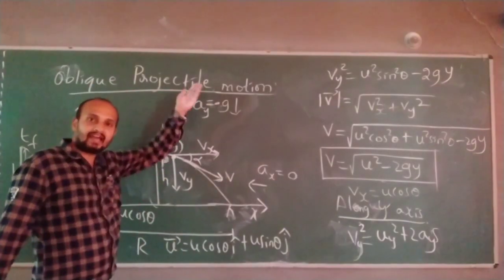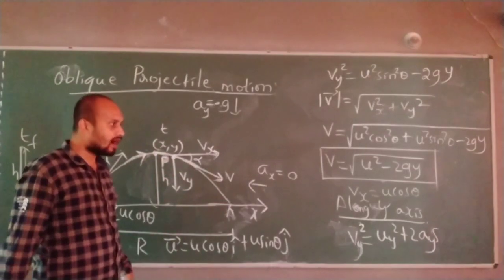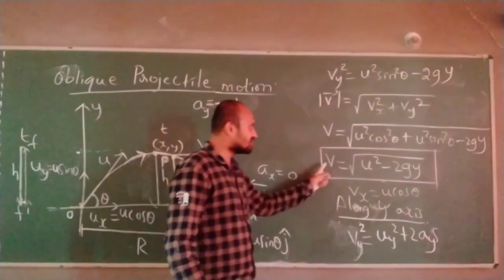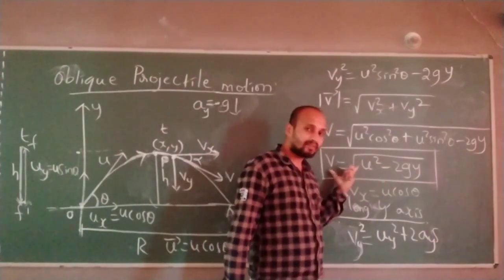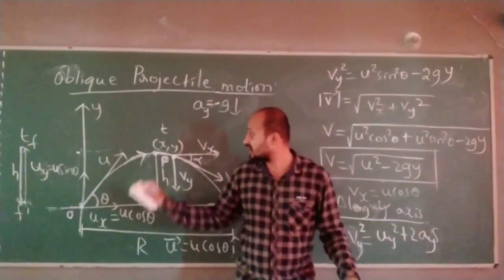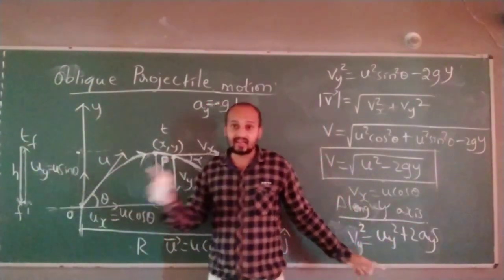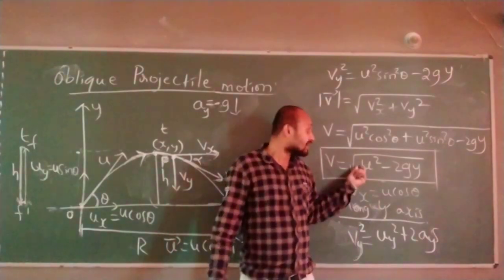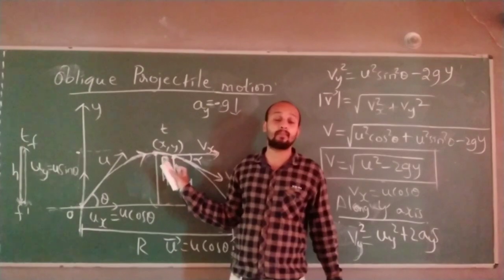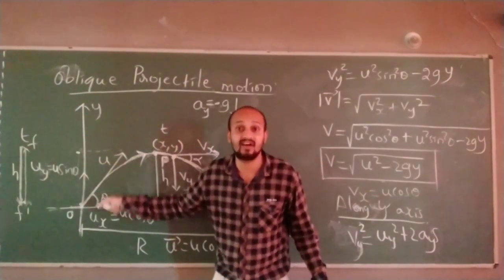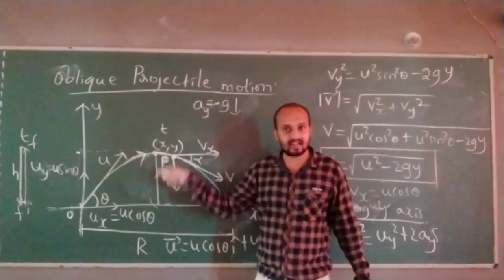For both the previous case and this case, how do we find the direction of V? This is the velocity at any position. One thing you can observe is that the velocity of a particle depends on the y coordinate, not on the x coordinate. That means the velocity of this object changes at every point because of the change in displacement along the y axis, because acceleration is acting along the y axis.